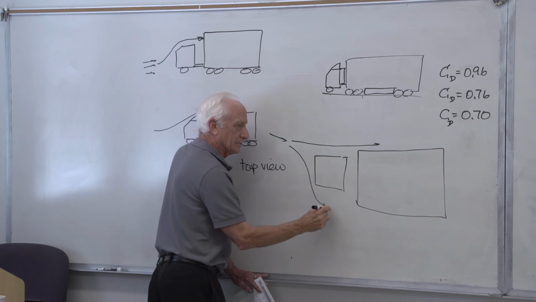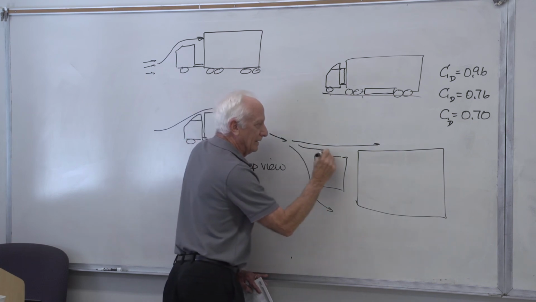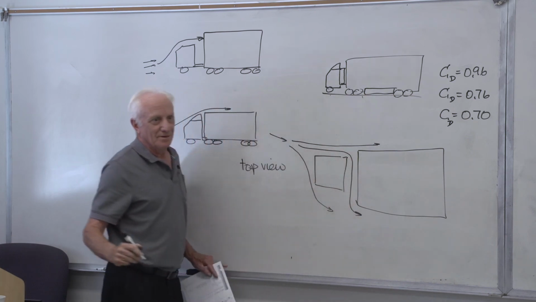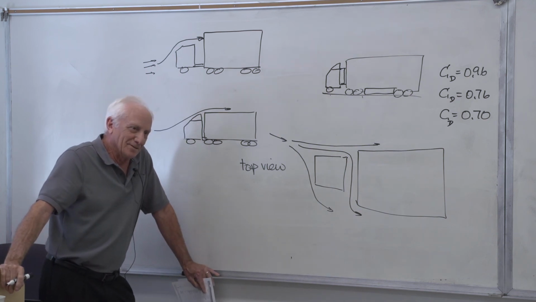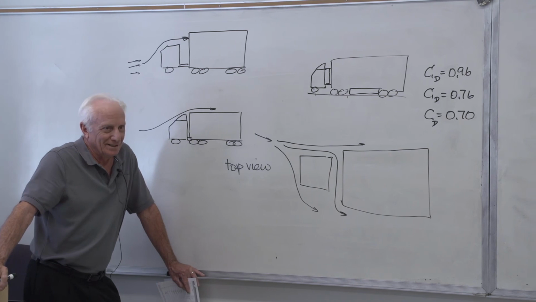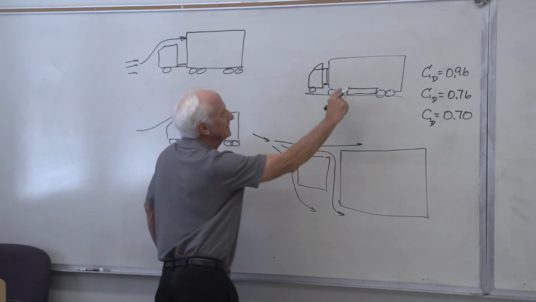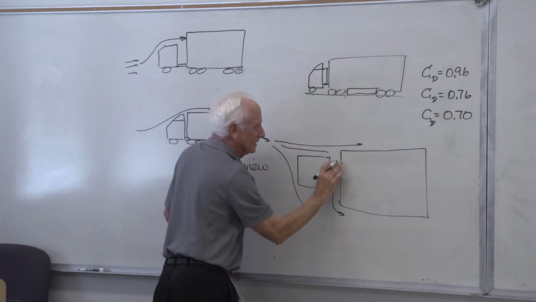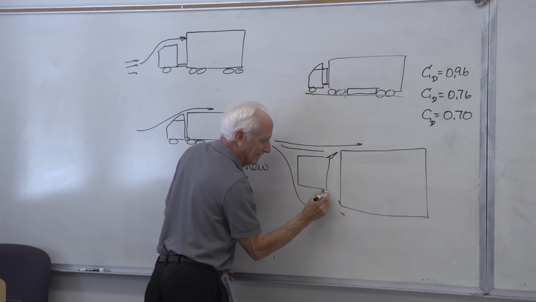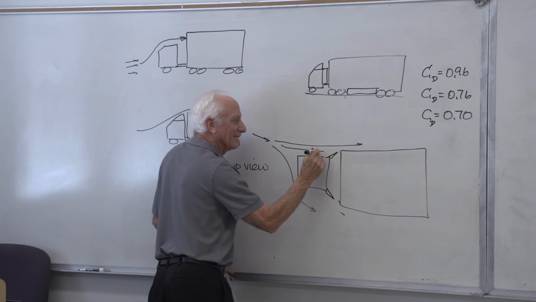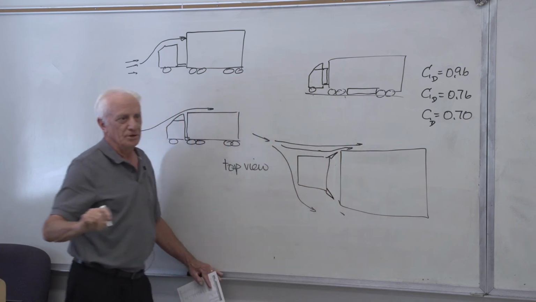It hits this, it goes around there. Here's the problem. It hits this, oh my gosh, that's trouble. The air goes between the cab and the truck trailer. Not good. So what do they do? They put the fairing on it. What is the fairing? It's a piece of sheet metal stuck on it like that. What's the purpose of that? Push the air back that way.